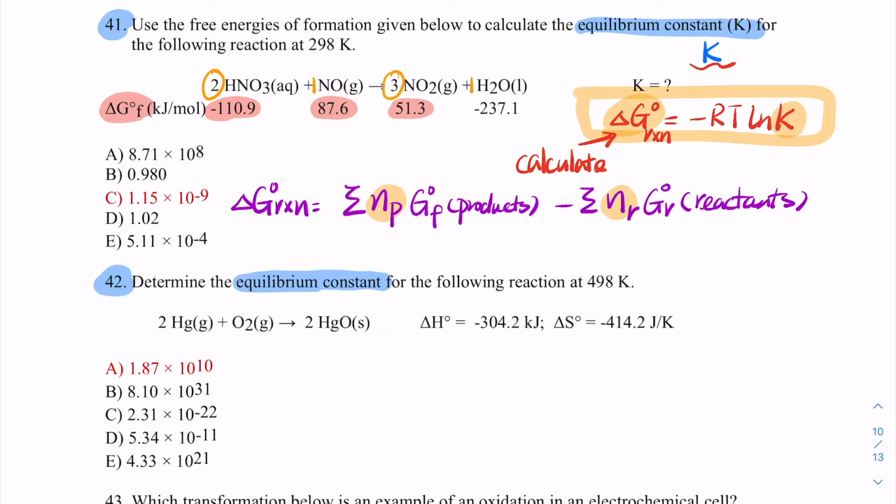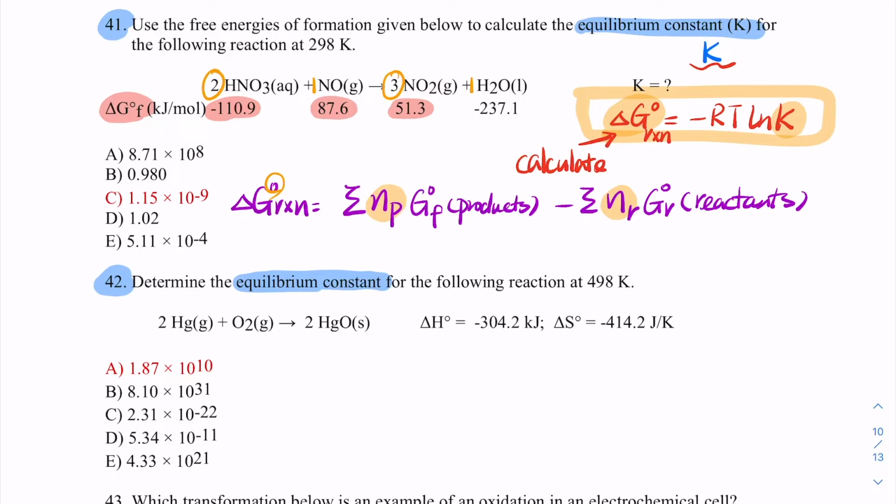This is how you can use this equation to calculate Gibbs free energy for the reaction under standard conditions. With knowing all that, we can just plug in the values.